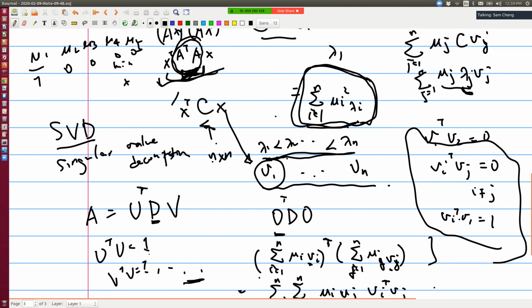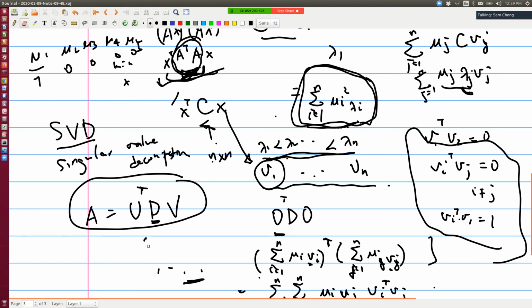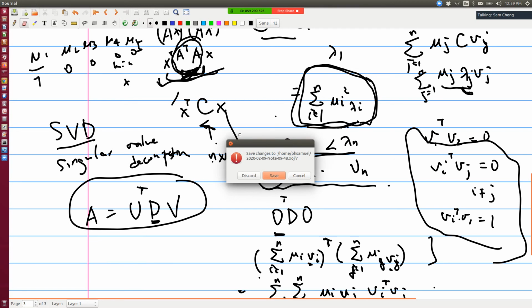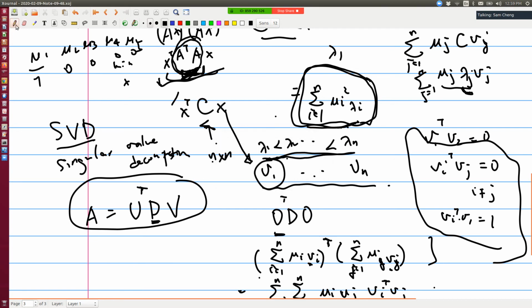So what you can see is if I use this singular value decomposition and consider A transpose A, then it will be something like V transpose D transpose U transpose U D V. And U transpose U is basically identity.